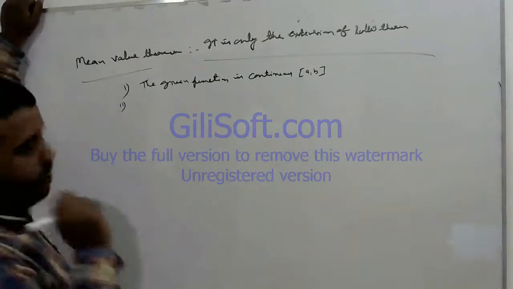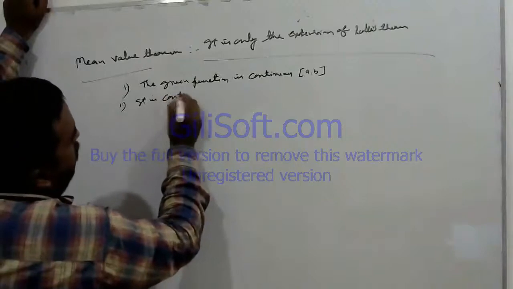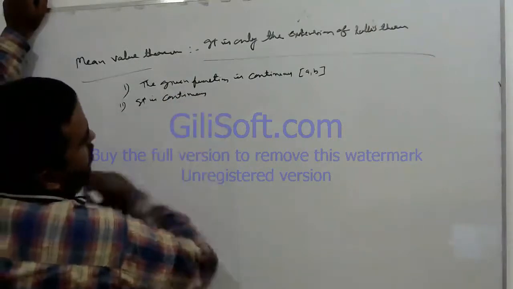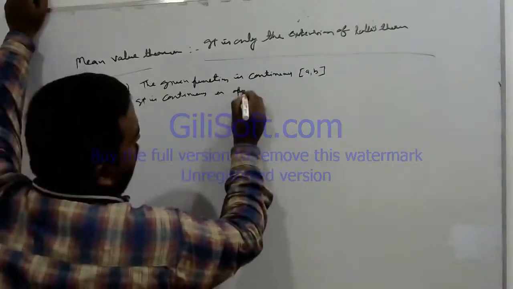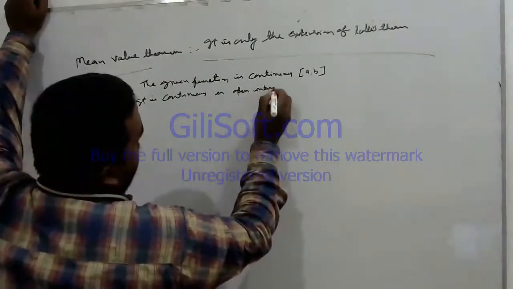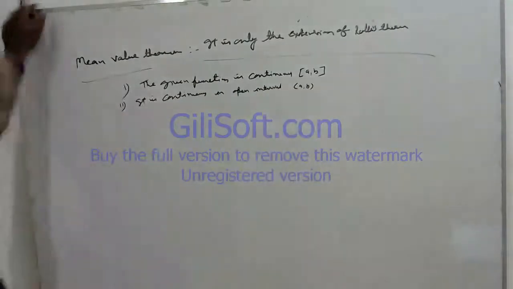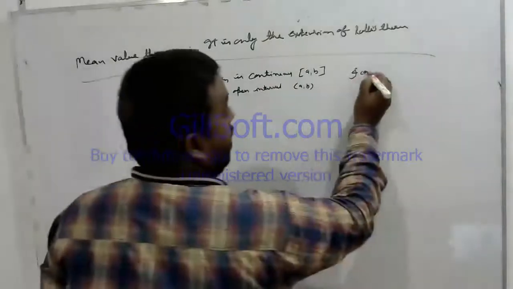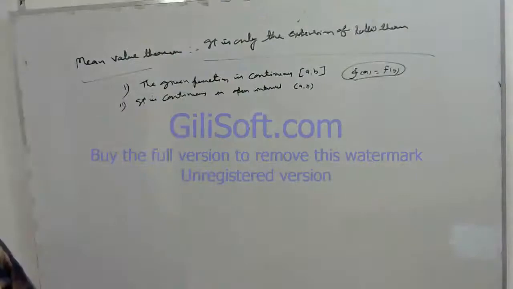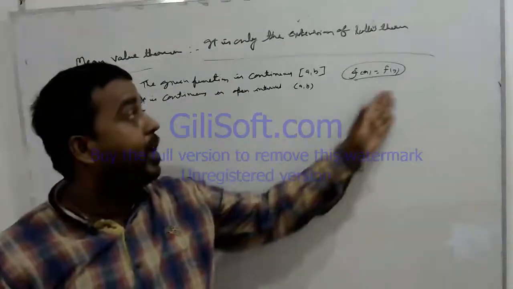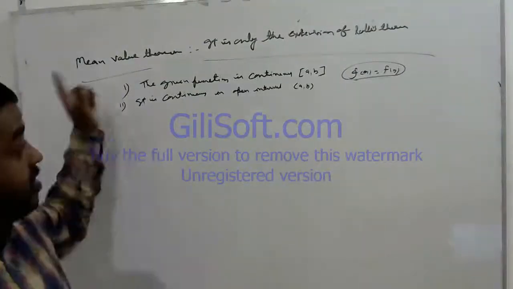Second, it is continuous in an open interval a and b. And look, if f a is equal to f b, then all the conditions are applicable just like Rolle's theorem. But this is not Rolle's theorem, this is mean value theorem.